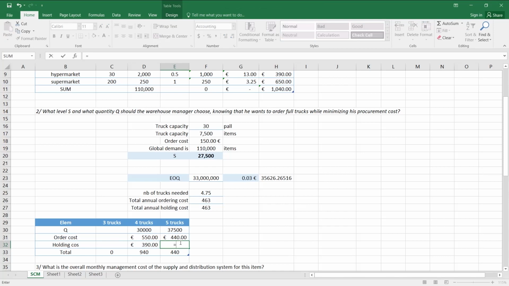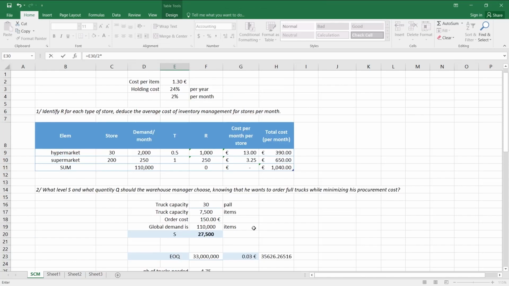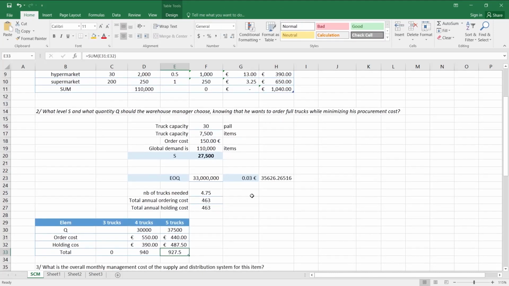And for the holding costs, it is the quantity related to 5 trucks divided by 2 multiplied by our holding costs, which is 1.30 times the 2%.